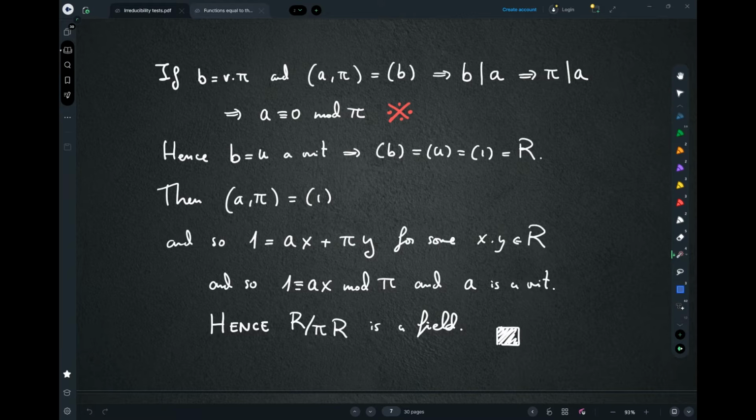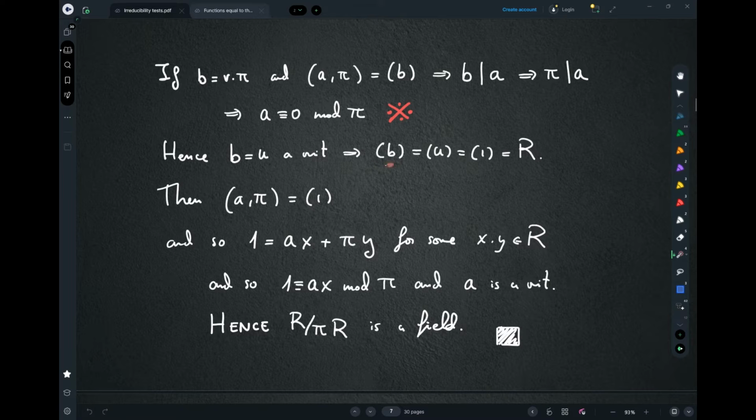So A is actually 0 in the field R modulo pi, which is a contradiction because we assumed that A was a non-zero class. Therefore, this condition cannot happen, and we must have B is actually a unit.